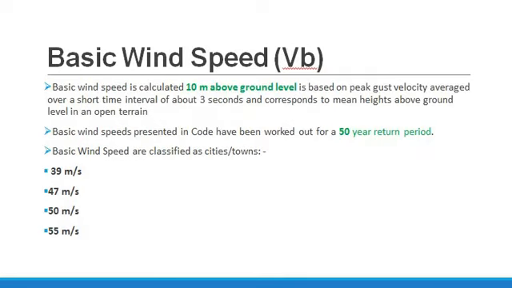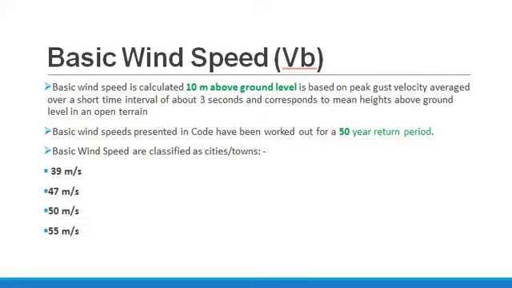Now basic wind speed, we generally denote basic wind speed by VB. Basic wind speed is calculated 10 meter above ground level, is based on peak gust velocity averaged over a short time interval of about 3 seconds and corresponds to mean height above ground level in an open terrain.